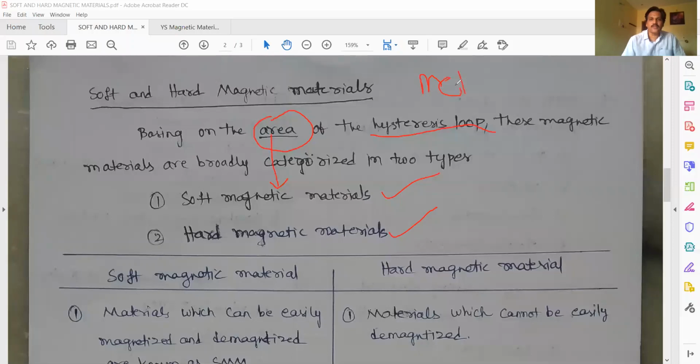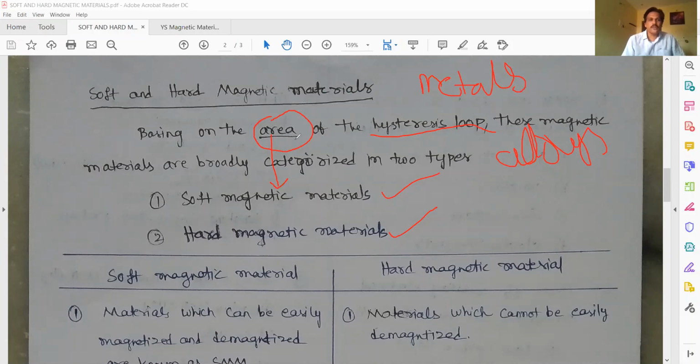Ceramics means ferrites; ferrites come under ceramics.